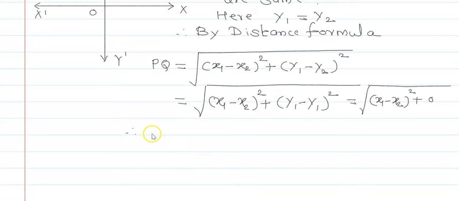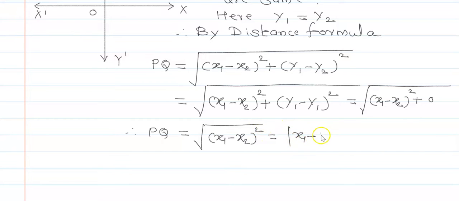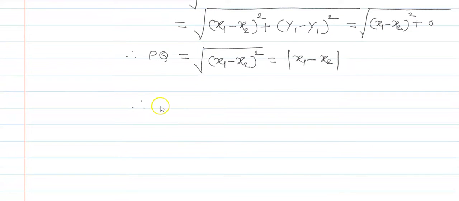Therefore, PQ is equal to the square root of (x1 minus x2) bracket square, and this is nothing but mod of x1 minus x2.